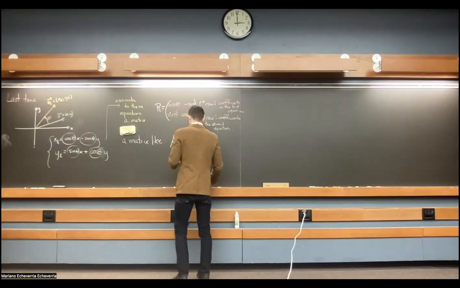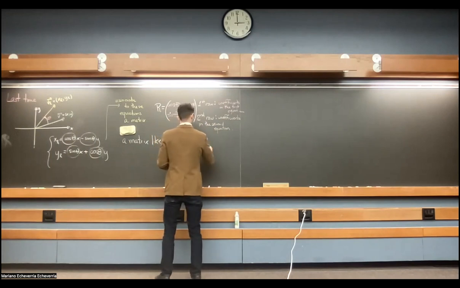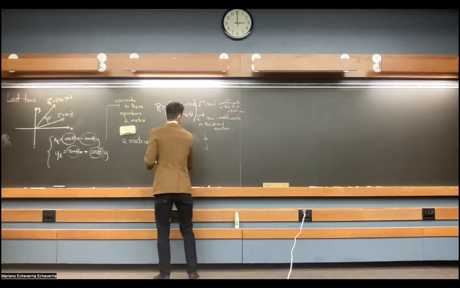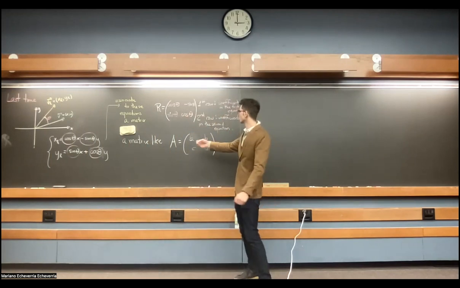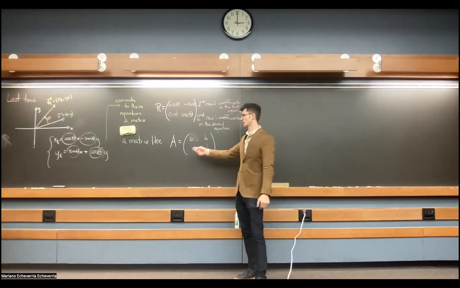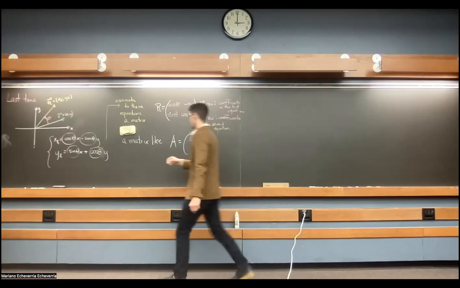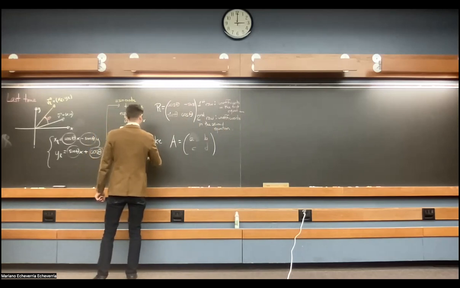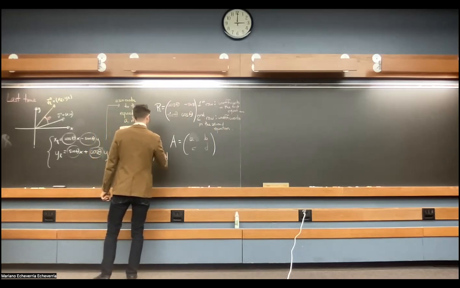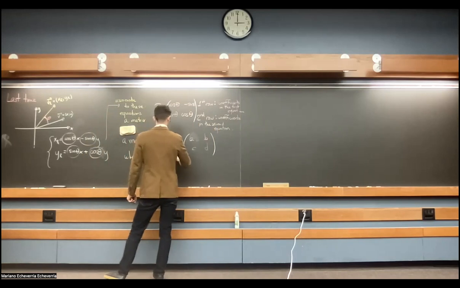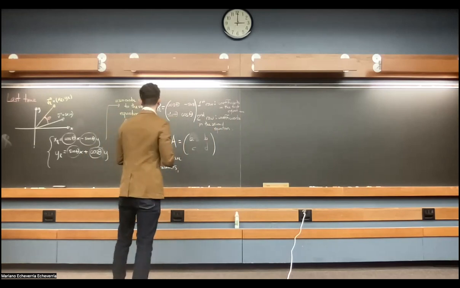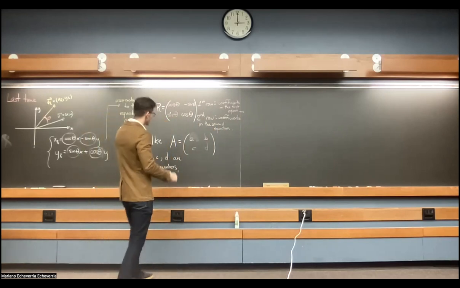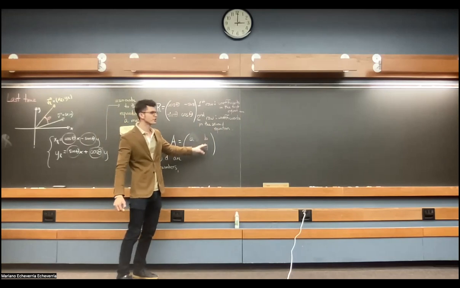If someone writes an array like this, where A, B, C, D are numbers, what that means is that you should think of this as a sort of conversion mechanism.